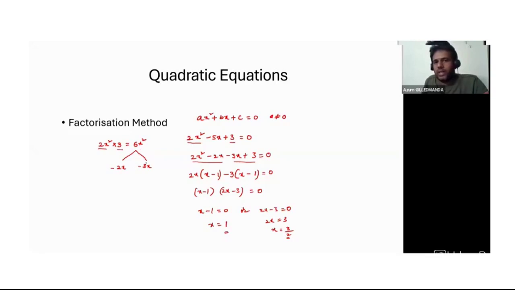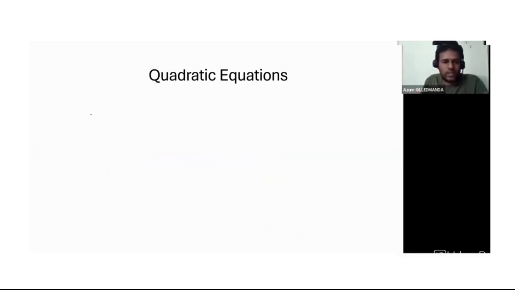So I found 2x and 3x for this middle term, and I split that into minus 2x minus 3x. Then I took the common values from the first two terms and the last two terms. This is how I transformed that quadratic equation into two linear factors, that is x minus 1 into 2x minus 3. If I equate either of these to 0, I can find the values for x, that is x is 1 or x is equal to 3 by 2. Okay, so this is the factorization method, and now we can solve another problem using it.